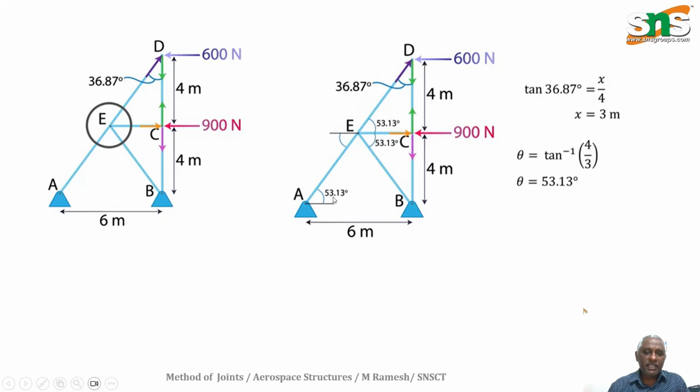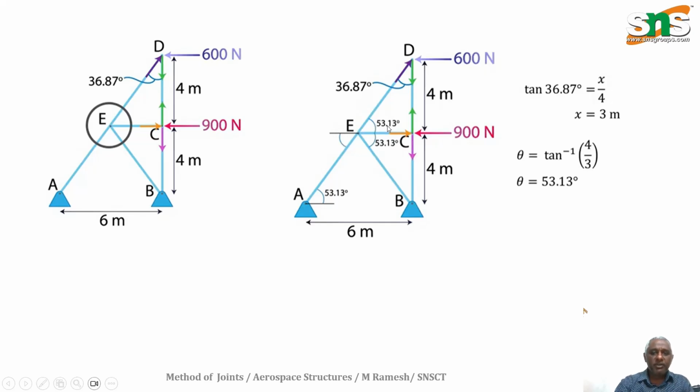So this angle we can find out. Now I need the angle here. It is given as 53.13. How does it come? You know that this angle will be equal to 53.13, and this angle is also 53.13. Whether both are equal or not: this angle and this angle will be equal.